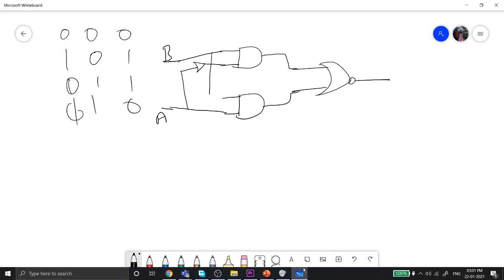And this to a NOT gate, right? NOT gate. So if this is 1, it will go here, and if this is 0, here I will get 1, here I will get 1, here I will get 1, here I will get 1.